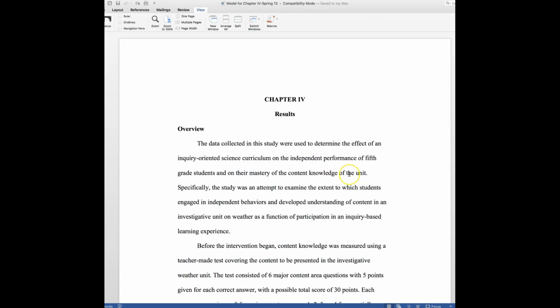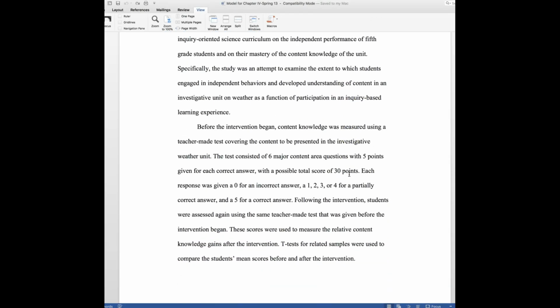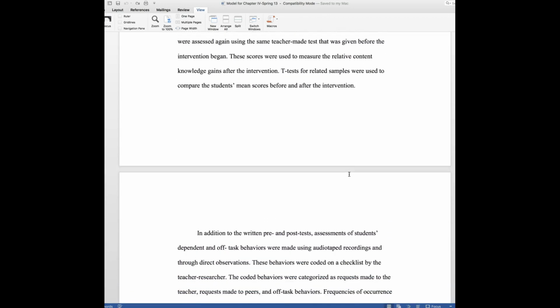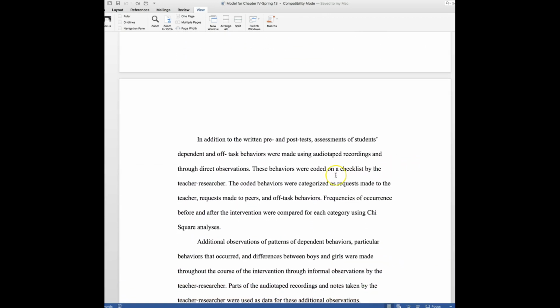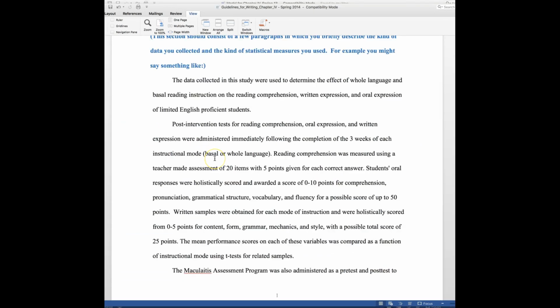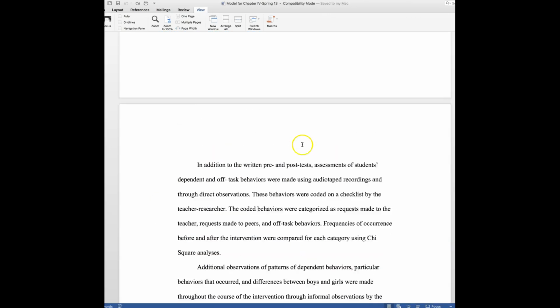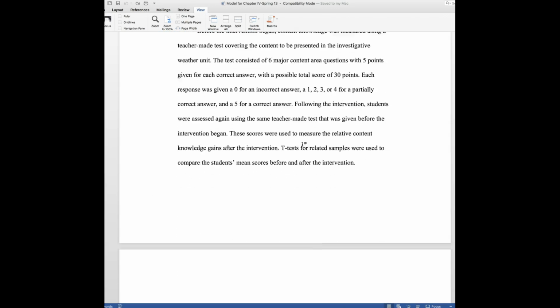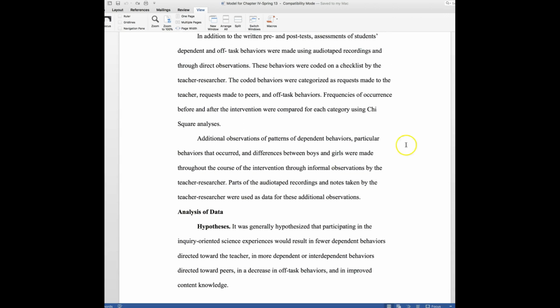The sample talks about pre and post. So before the intervention, there was a pre-test, afterwards a post-test, and then it talks about additional observations. So just a really quick overview. As you can see, even in the sample, it's only 4 paragraphs.